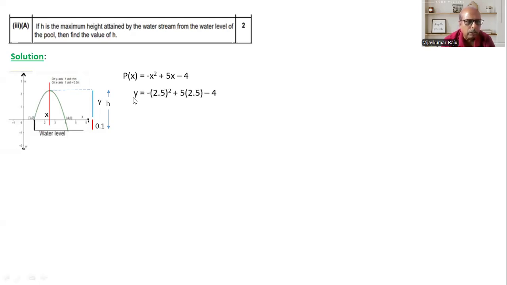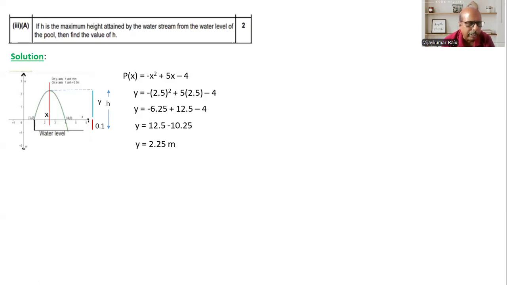So y is equal to minus 2.5 square plus 5 into 2.5 minus 4. 2.5 square is 6.25, with a minus sign. 5 into 2.5 is 12.5. Add the minus 6.25 and minus 4 to get minus 10.25, and 12.5 minus 10.25 is 2.25.